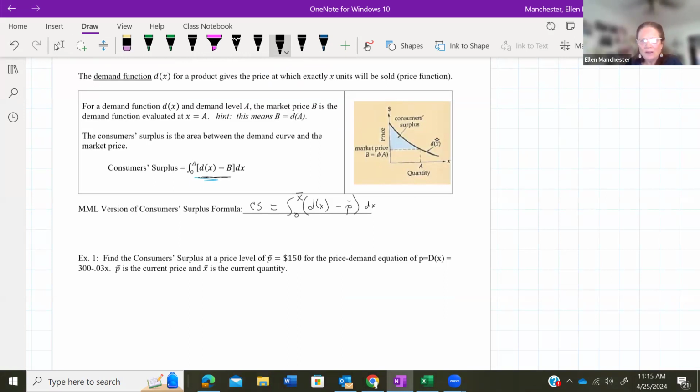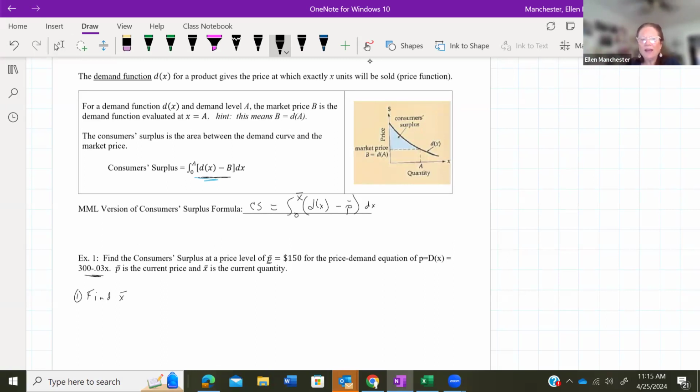So in this example 1, I have a price, I have a function, I don't know what X is. So you have to look at it and ask, what is it that I'm missing and how can I find it? I have the price, I have the function, I don't have the X. So the first thing I'm going to do is find the X.